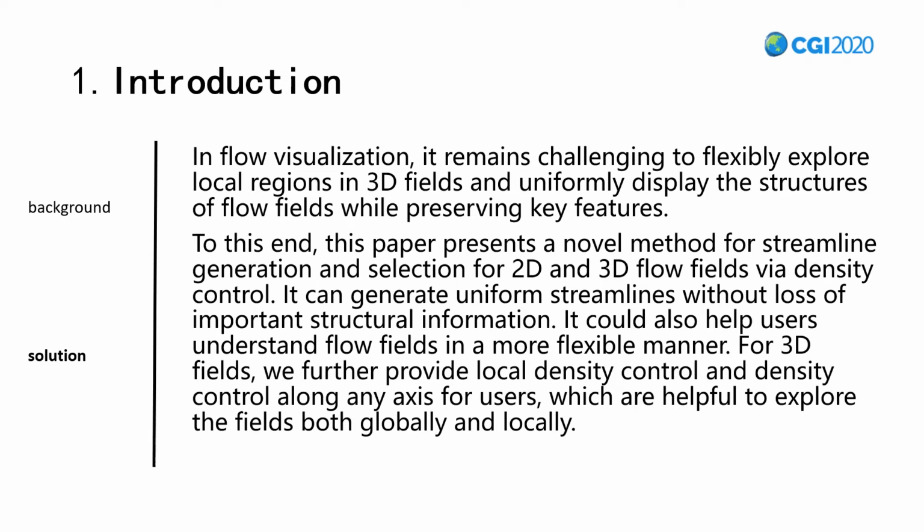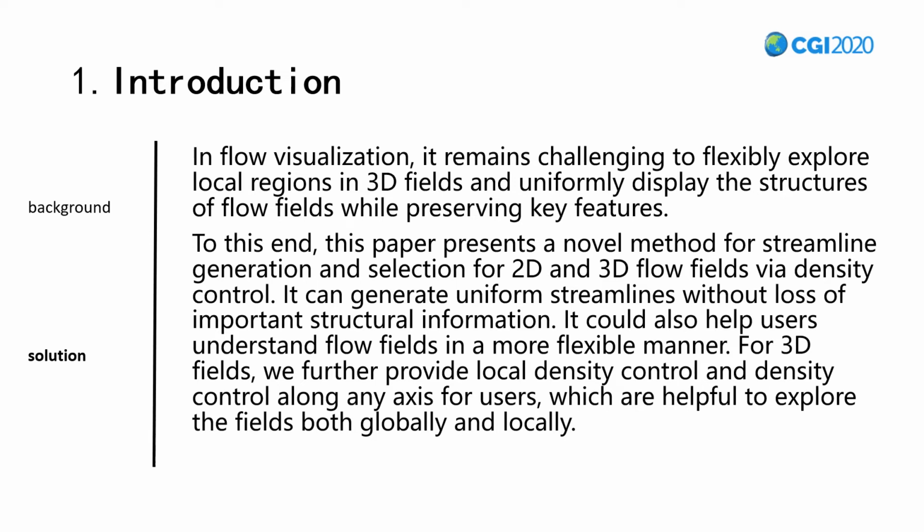To this end, this paper presents a novel method for streamline generation and selection for 2D and 3D flow fields via density control. It can generate uniform streamlines without loss of important structure information. It could also help users understand flow fields in a more flexible manner.